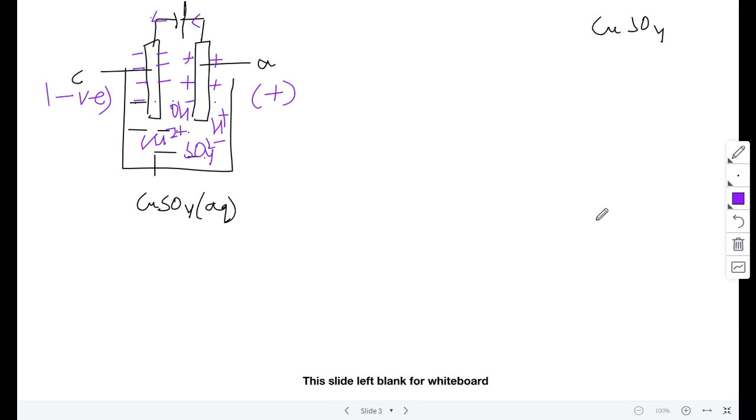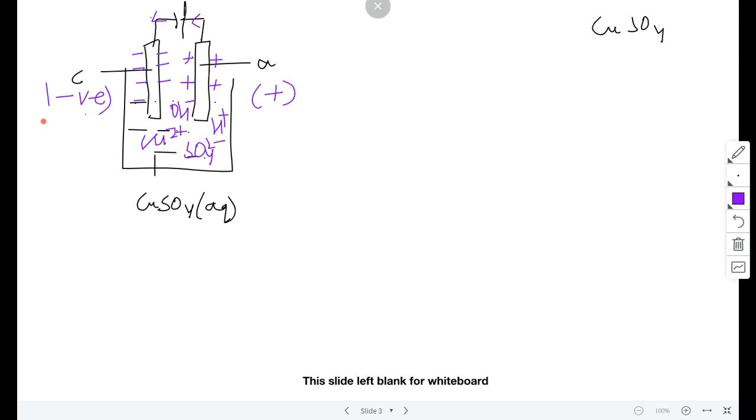Yes. Understood? Cathode is the negative one. Sometimes there's always a confusion, but just remember that the cathode is the negative one, anode is the positive one. And the electrons flow from the negative to the positive like this, right?